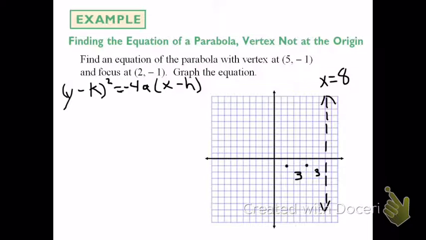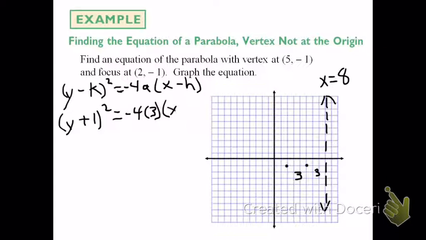So let's set up our equation here so that we have our vertex in there and our a. So our k is the y-coordinate of the vertex, which is a -1, which is going to make this y plus 1 squared. We're going to plug in our 3 for a.